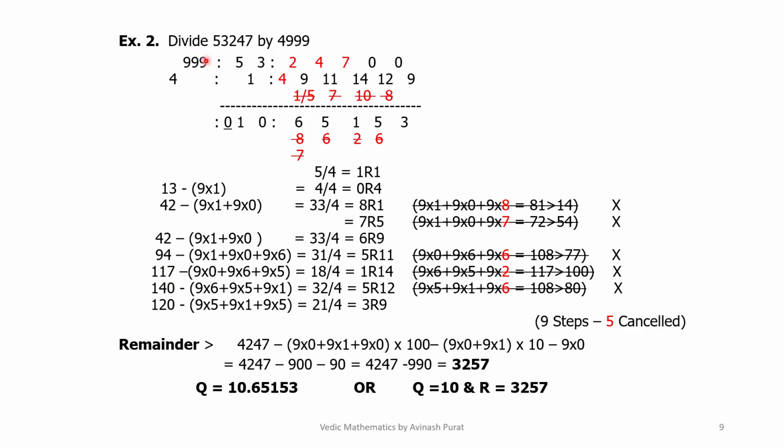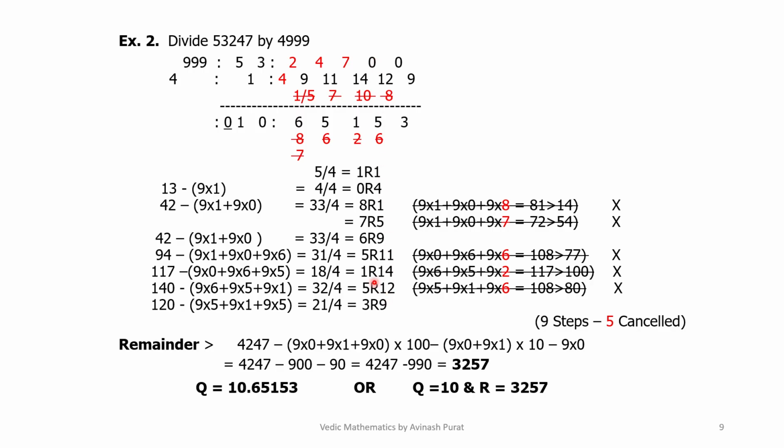117 minus 9 into 0 plus 9 into 6 plus 9 into 5 becomes 18 divided by 4. Again here, if we consider 2 as the quotient, then 9 into 2 would be 117, which is more than 100, because 10 will be the remainder here.